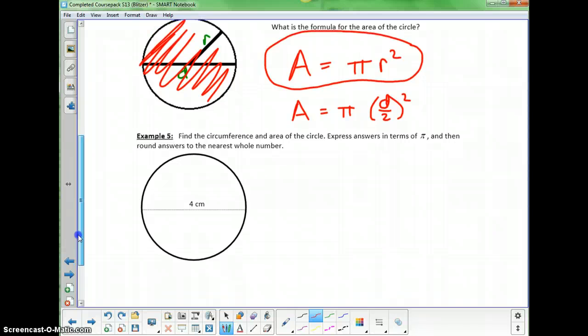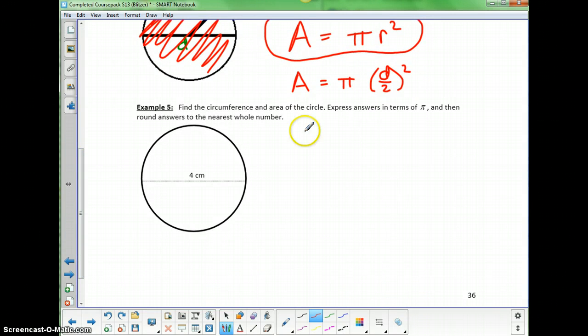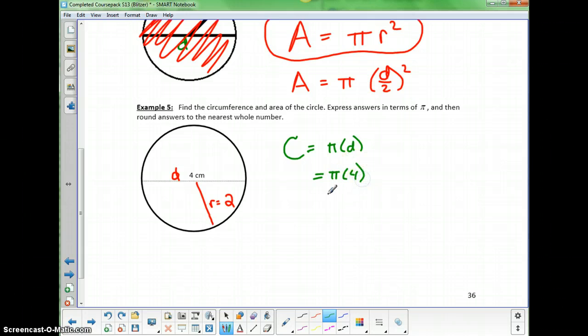Okay. Let's find the circumference and area of this circle. The 4 centimeters right here that they have given us is the diameter. So I know the radius would be half of that, would be 2. So the circumference first. The circumference is pi times the diameter. So pi times 4.